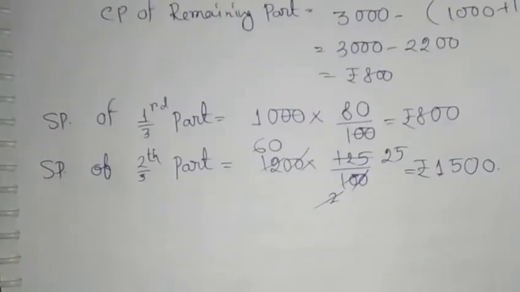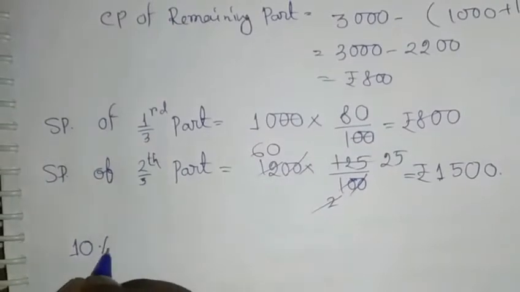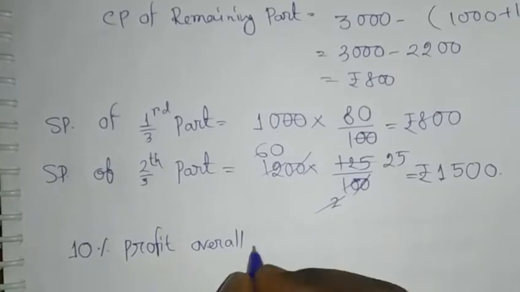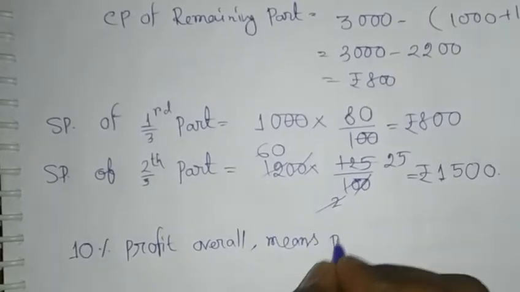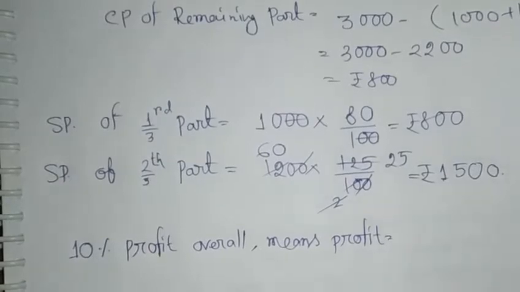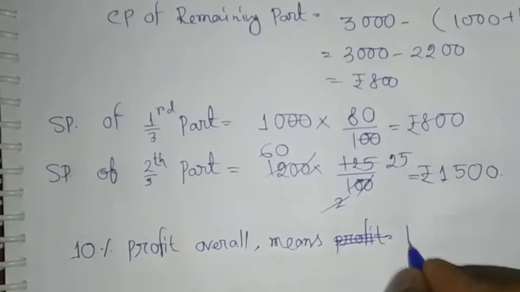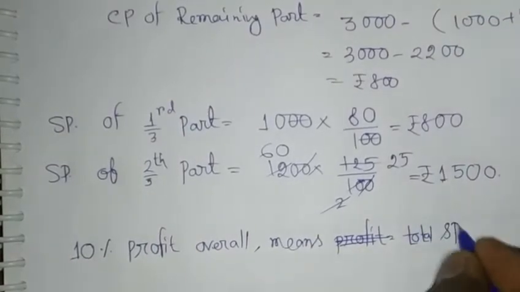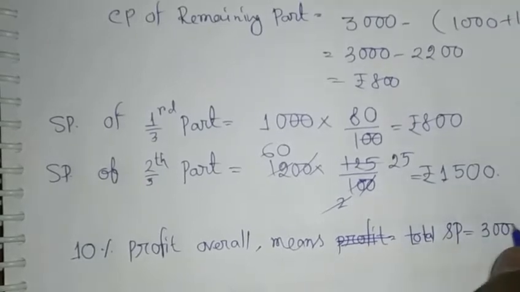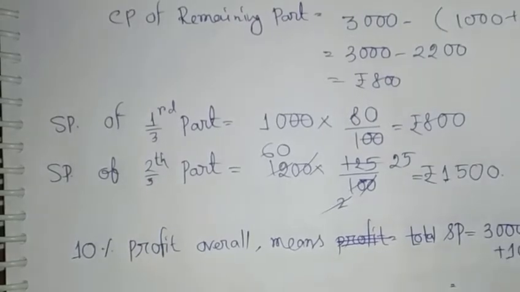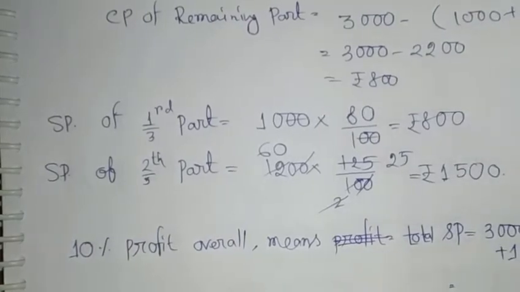Now if there is 10% profit overall, then the total selling price should be 3000 plus 10% of 3000, or we can write 3000 into 110 by 100.